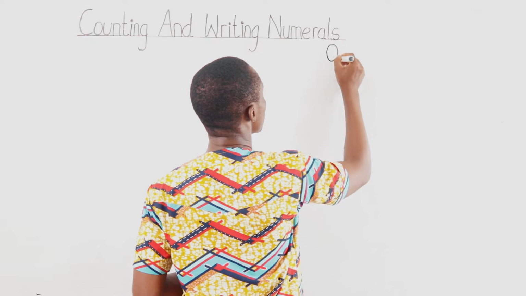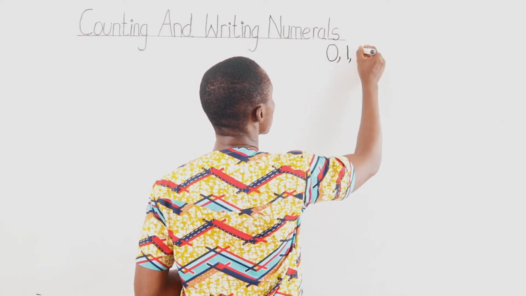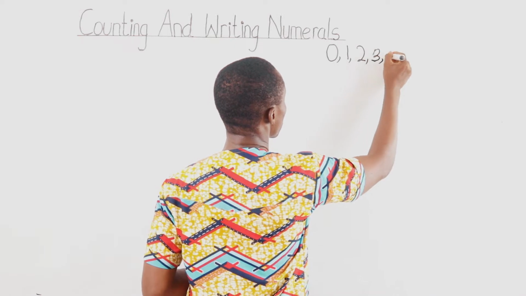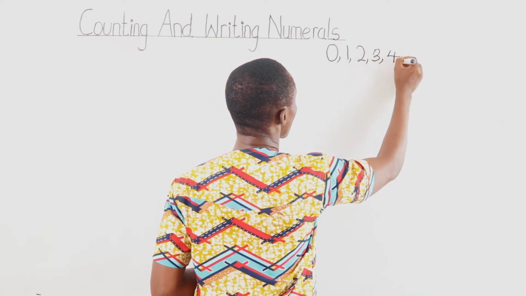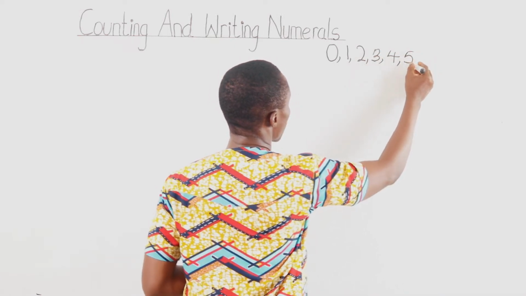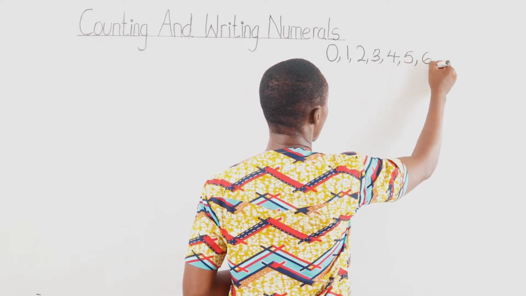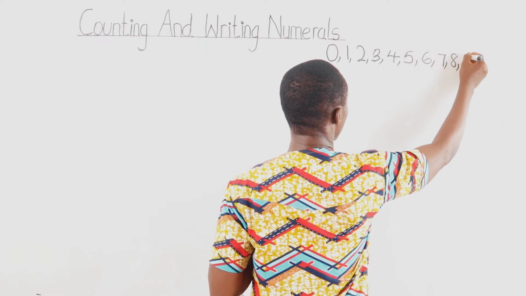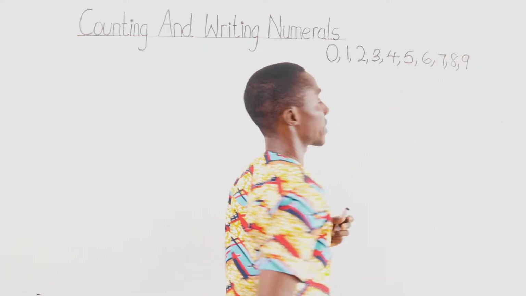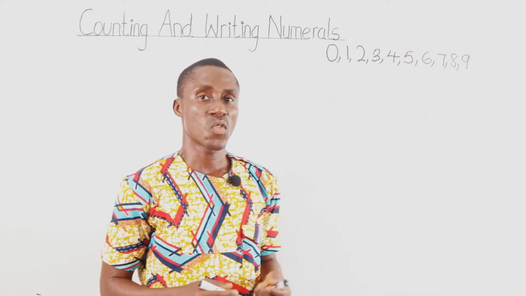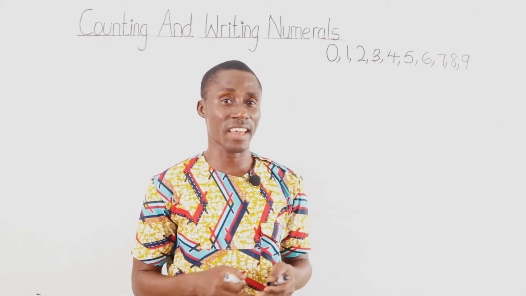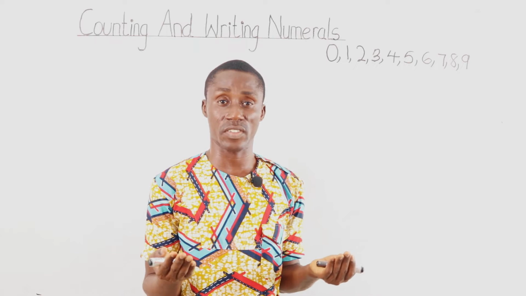0, 1, 2, 3, 4, 5, 6, 7, 8, and 9. Well, at first, we might think we have 9 digits.